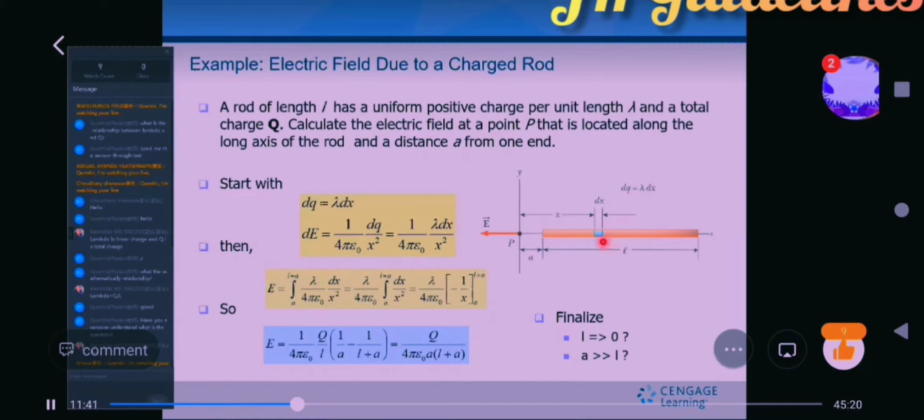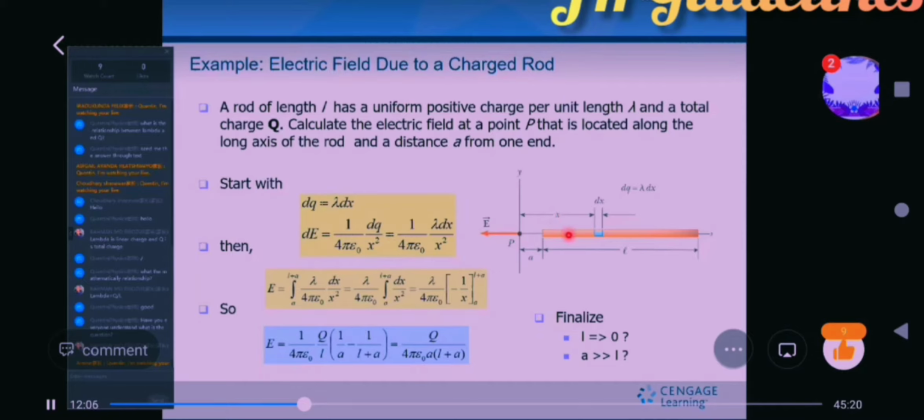Now, randomly pick a small portion of this rod. Okay? Now, what I'm going to do, I'm going to pick this portion that has a distance from the origin of x.